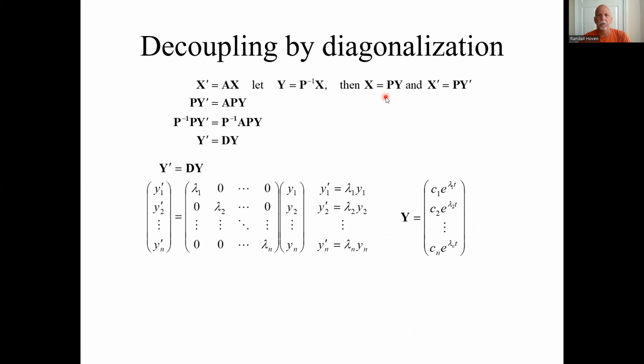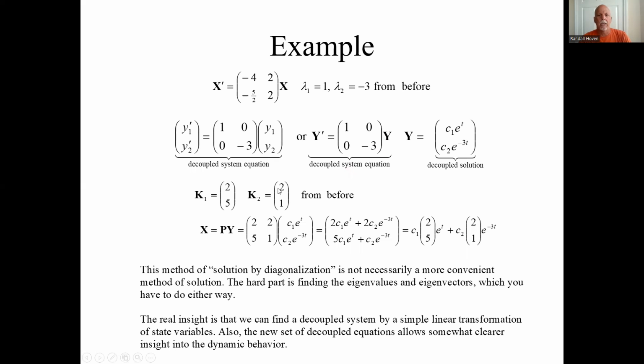Remember, x was P times y. And to get P, I needed the eigenvectors. We did that problem before. It's not a fun problem, but if I do have the eigenvectors, I can write P. Then I could do this matrix multiply pretty easily.